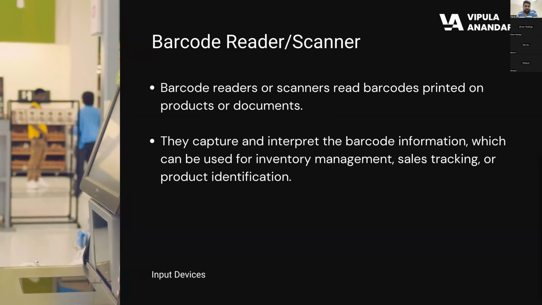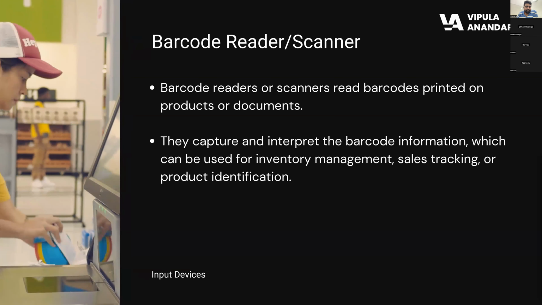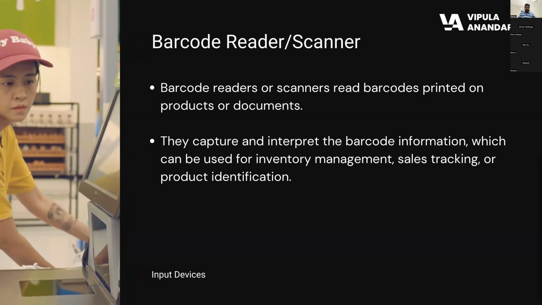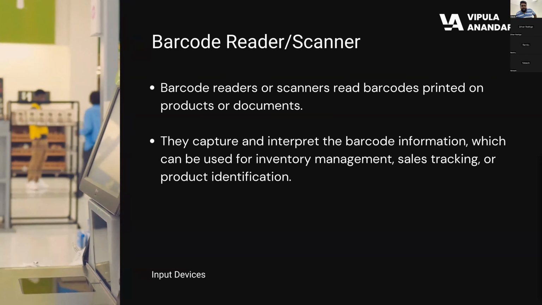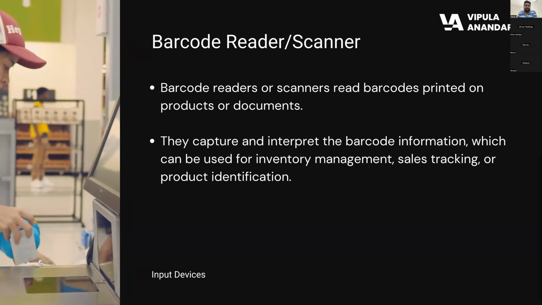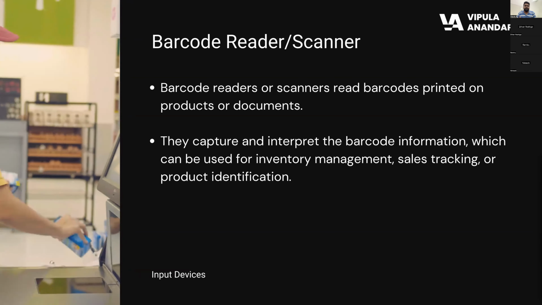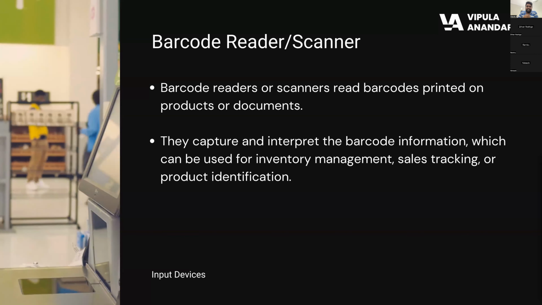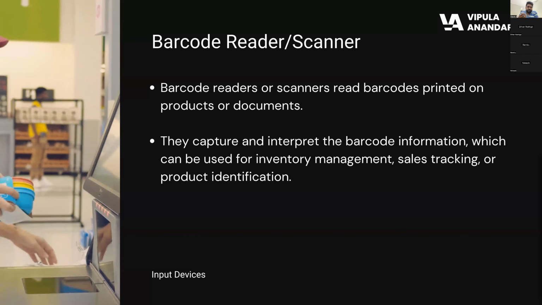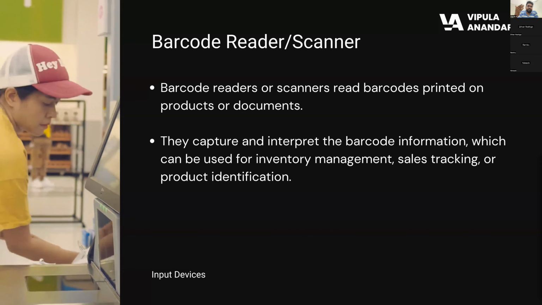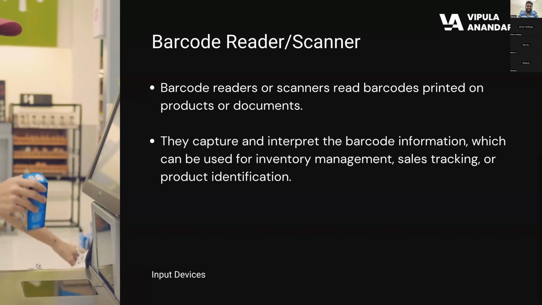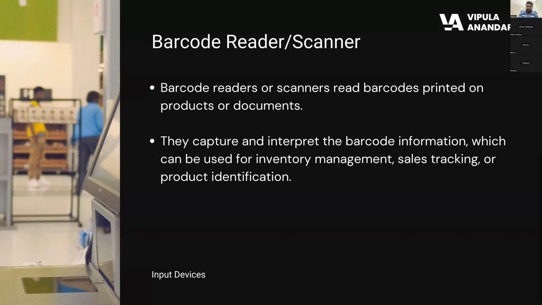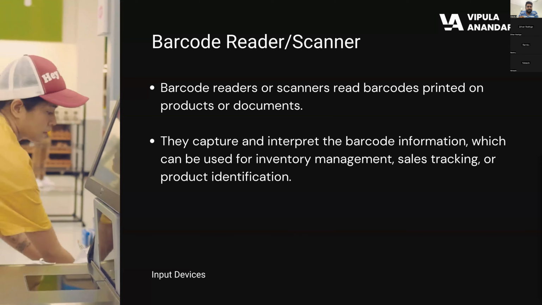Now we have the important point: barcode readers and scanners. A barcode reader works in a similar way to the scanner. We discussed the paper scanner. What it does is it illuminates the light, and then it has a camera which captures whatever that light reflects. That is how the system works. But when it comes to barcodes, it works in a different way.